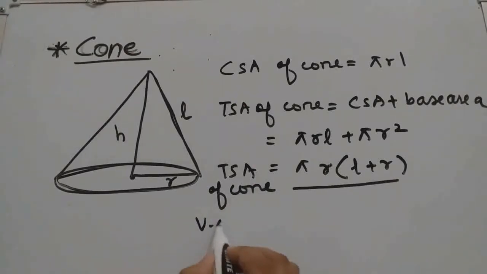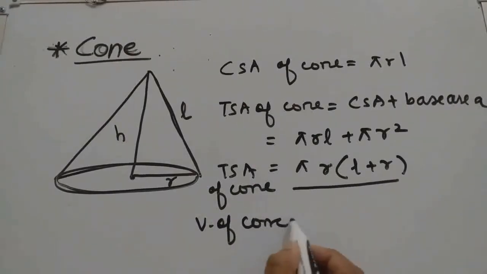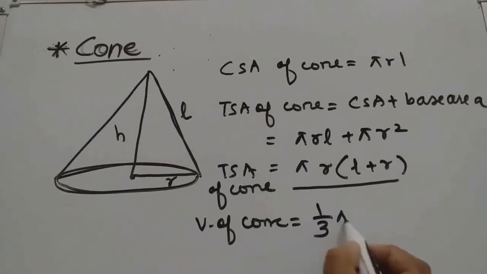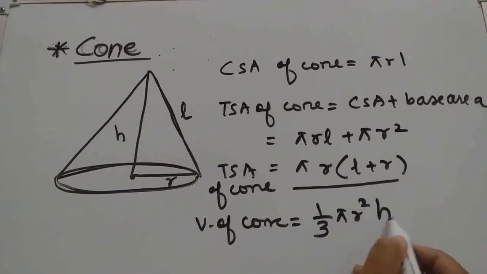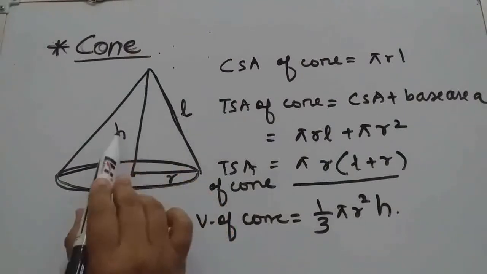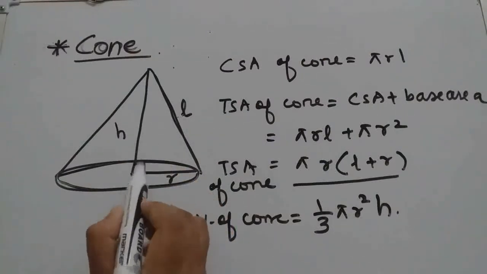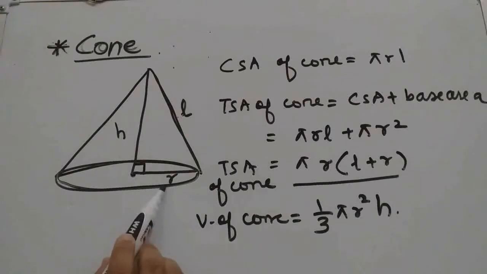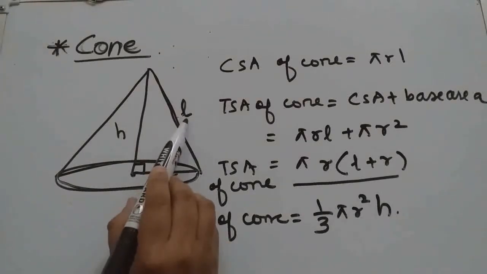Then volume of cone is 1 by 3 pi r square h. Now here we have one relationship between L, H and R. If you observe, this makes a right triangle in which L we can treat as hypotenuse.